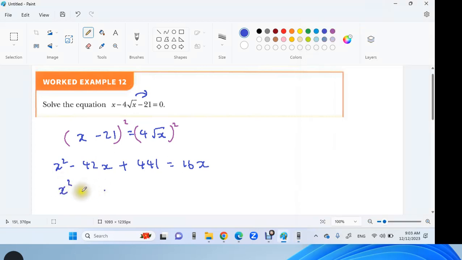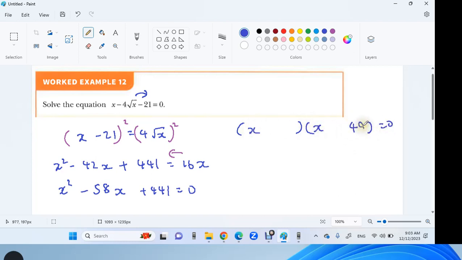So we have x squared minus 58x plus 441 equal to 0. Why? Because I have negative 42 minus 16. So what next? This is equal to 0.